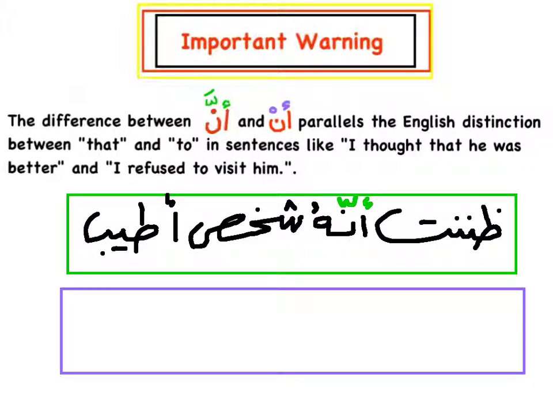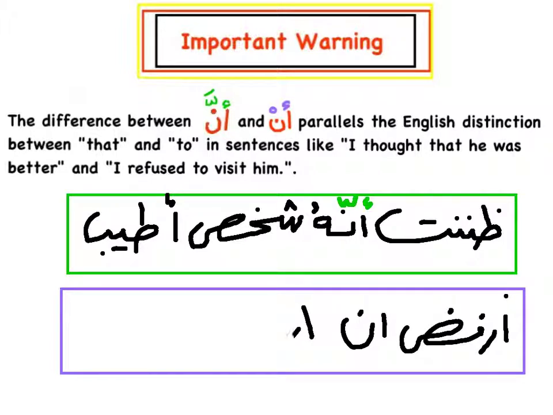Here I would use أنّ, and as you know, because أنّ is followed by جملة اسمية and it can be attached to a subject. Here it's an object pronoun, attached pronoun, أنه. And for I refuse to visit him, أرفض أن أزوره.